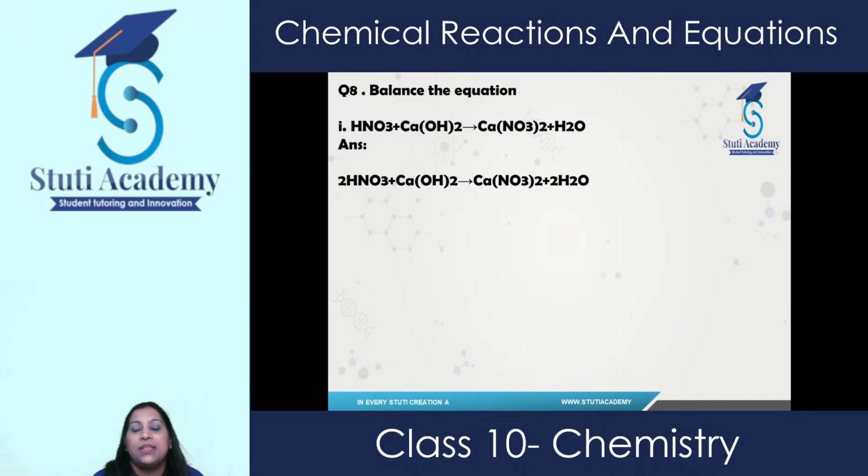And the next is balance the equation. How will you balance this chemical equation? Look here. This is HNO3, calcium hydroxide, calcium nitrate, and water. Now look at the compounds which are present and then see how can we balance it.